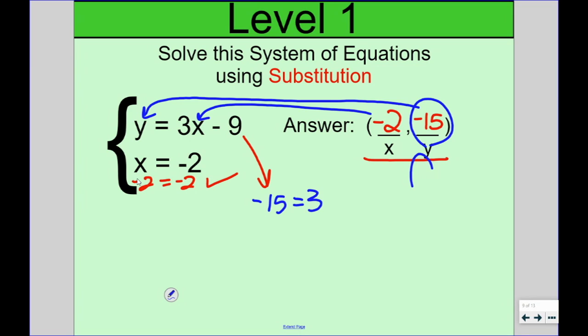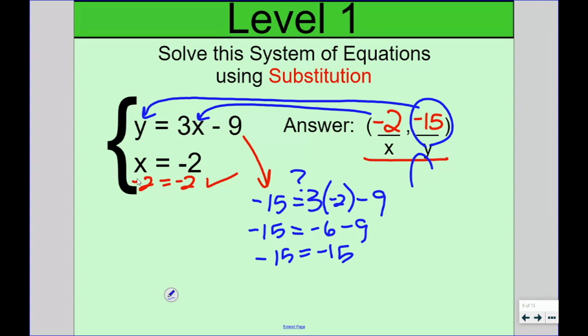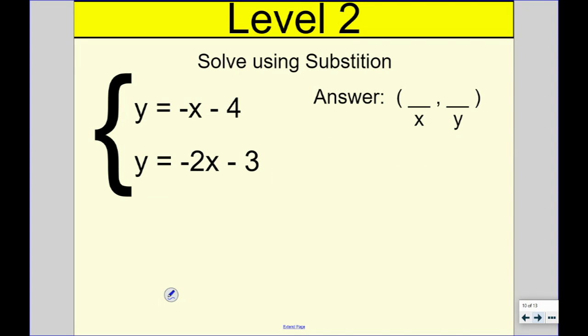Our x is -2. 3 times -2 minus 9. So we're checking: will this stay balanced? Will this be a true statement here? -15 equal to, let's see, 3 times -2 is -6 minus 9. We have -15 equals -15. And yes, this checks.